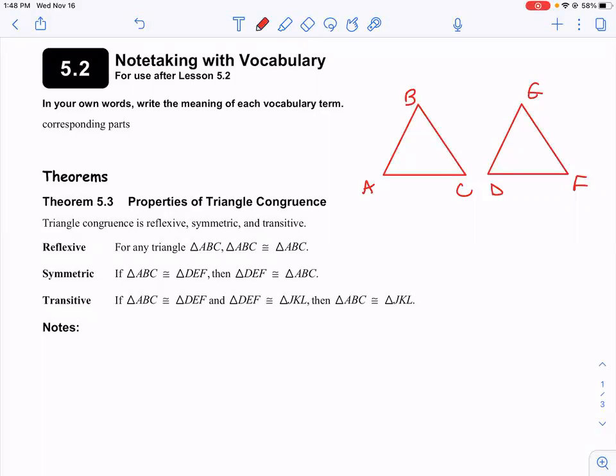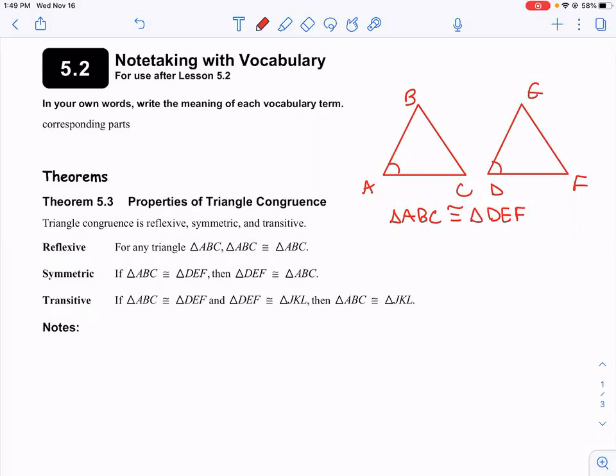Give me an example of a corresponding part. Layla. Angle A and angle D are corresponding parts, because in triangle ABC and triangle DEF, they're in the same spot.